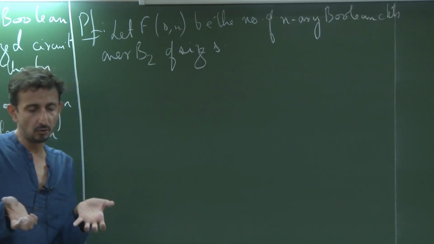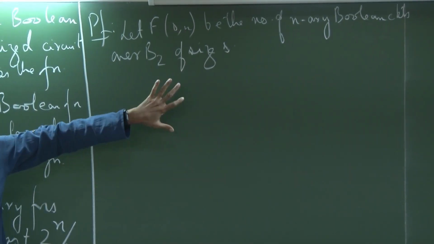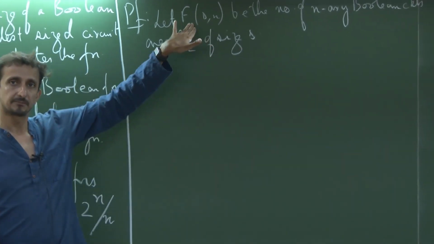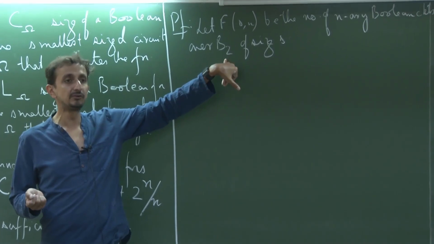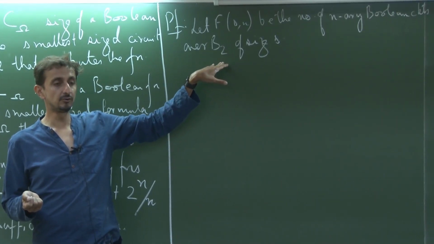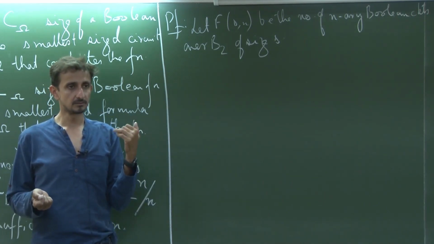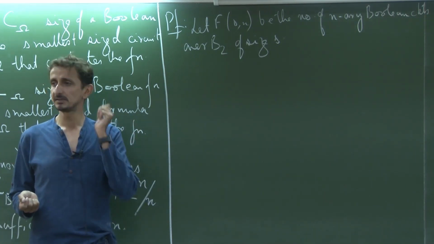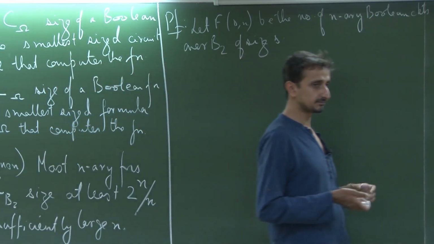First of all, look at a circuit. This circuit will have s gates. Each of these gates is an element from B2. How many elements does B2 have? B2 is basically all gates with 2 inputs, so it is 2 to the power 2 to the power 2, which is 16 gates. It can be any of those 16 gates.